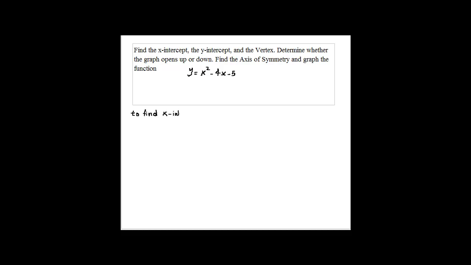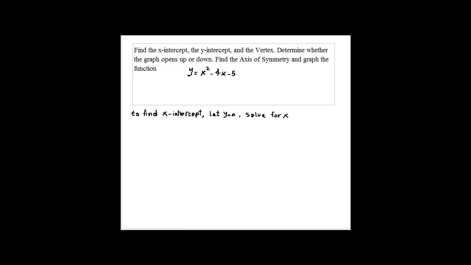We set y to 0 and solve for x. Very good. To find the x-intercept, let y equal 0 and solve for x. So let's do that.